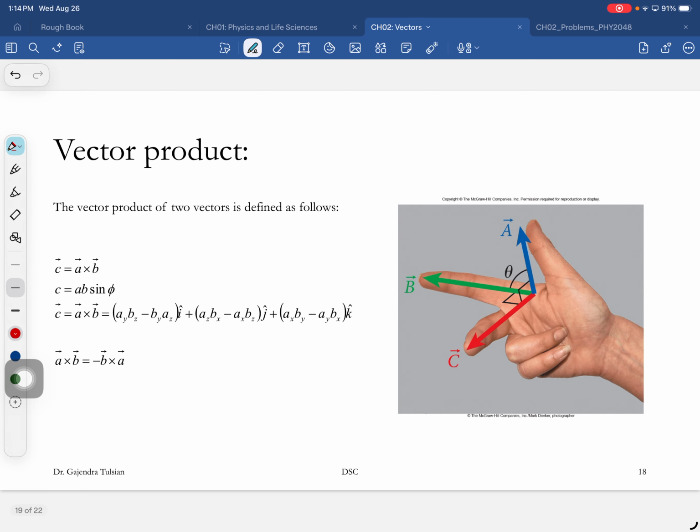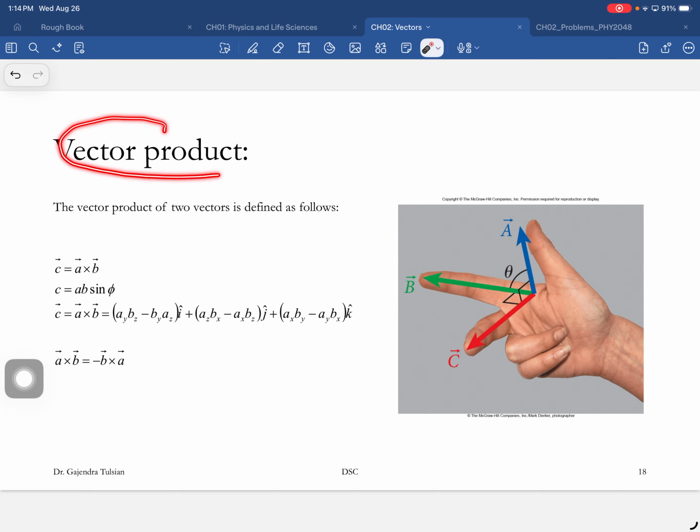All right. So now we'll do the second definition of vector products. The second way of multiplying is called a vector product, and as the name suggests, the answer is a vector.